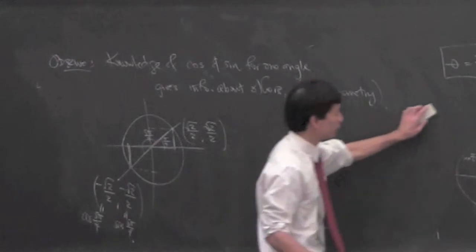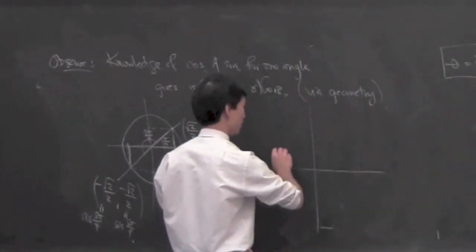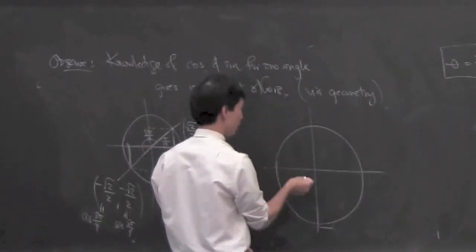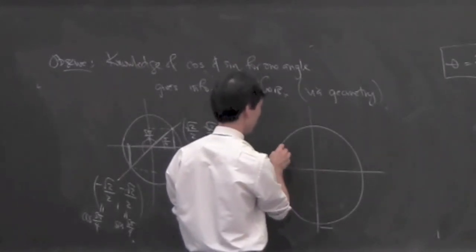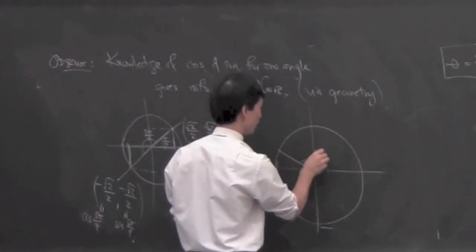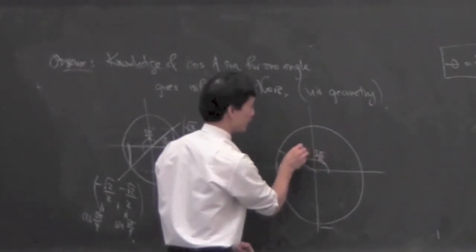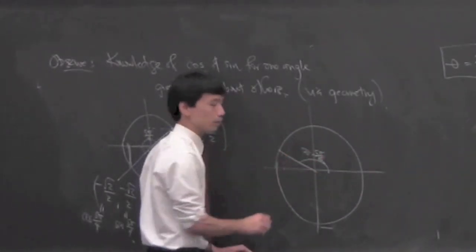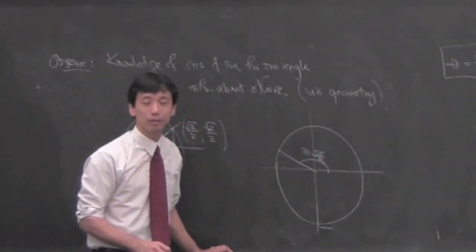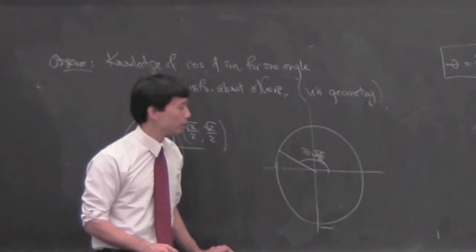Okay. Another one. Suppose somebody asks you, here is 5 pi over 6, and asks what are the cosine and sine of that angle?